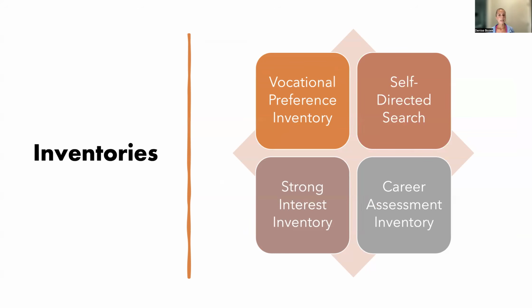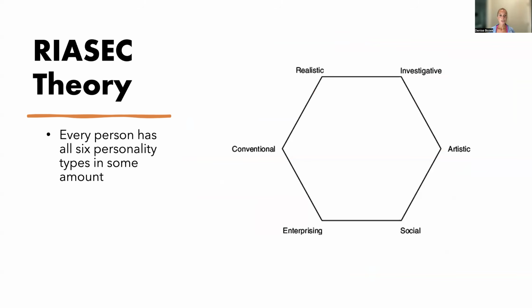Some of his inventories include the Vocational Preference Inventory, the Self-Directed Search, the Strong Interest Inventory, and the Career Assessment Inventory. So if you see any of those inventories, know that it is John Holland. His main theory is the RIASEC theory.